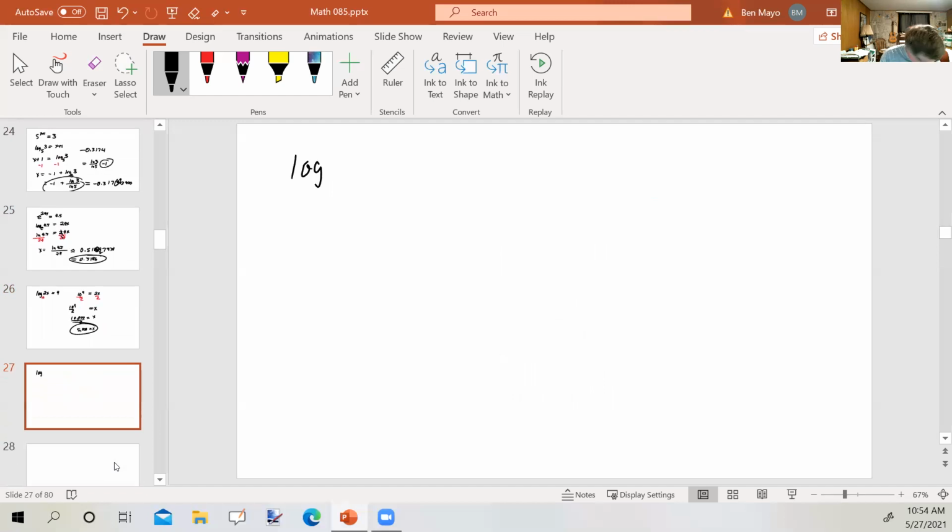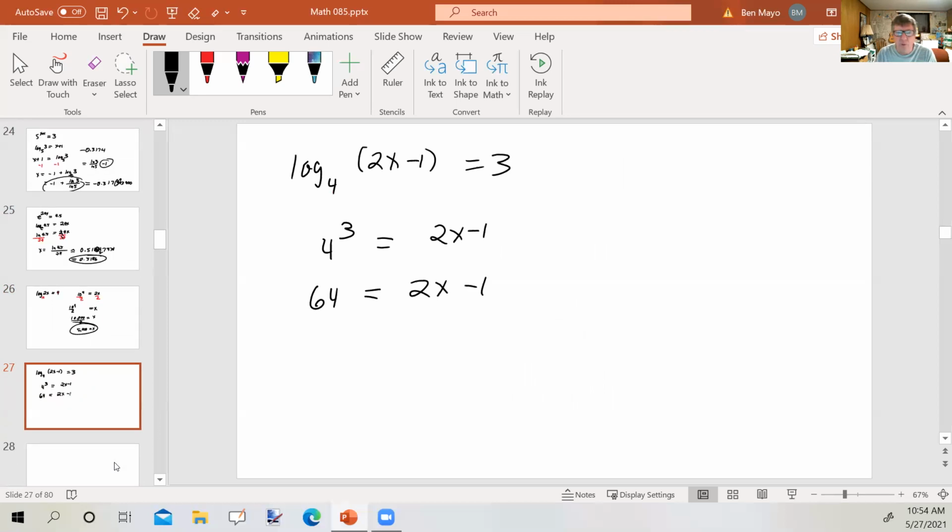Log base 4 of 2x minus 1, the quantity, equals 3. Changing this logarithmic equation into an exponential equation, we would get 4 cubed equals 2x minus 1. Well, 4 cubed, 4 times 4 is 16, times 4 is 64. So we get 64 equals 2x minus 1.